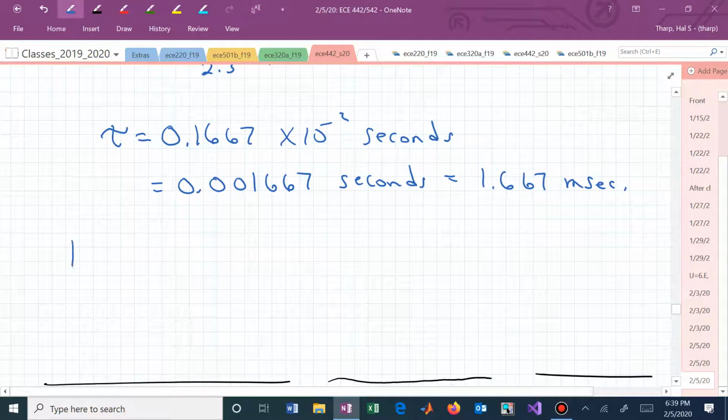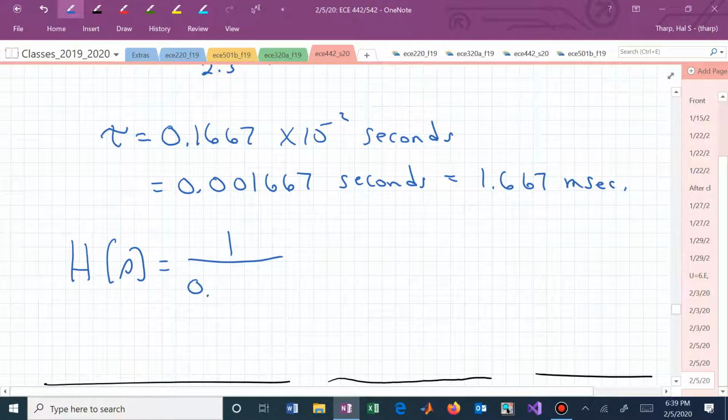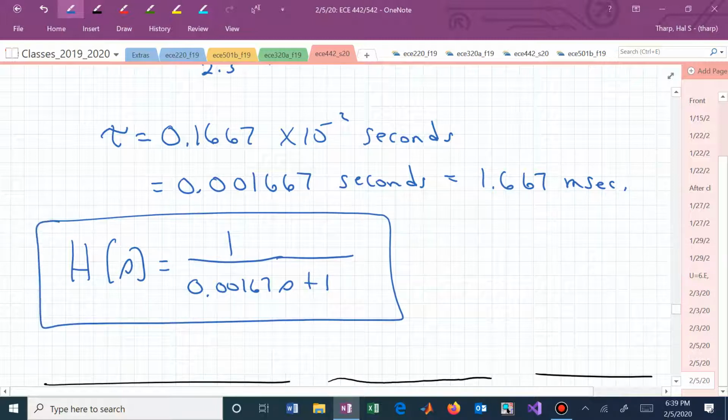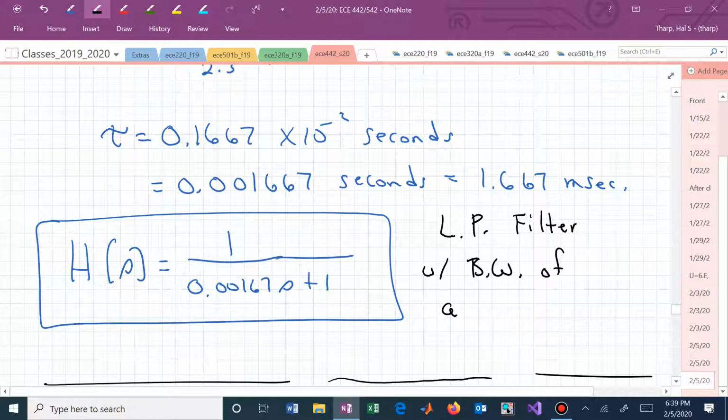So that our transfer function, H of S, is 1 over 0.00167 S plus 1. That's now a low-pass filter with a bandwidth of about 100 hertz.